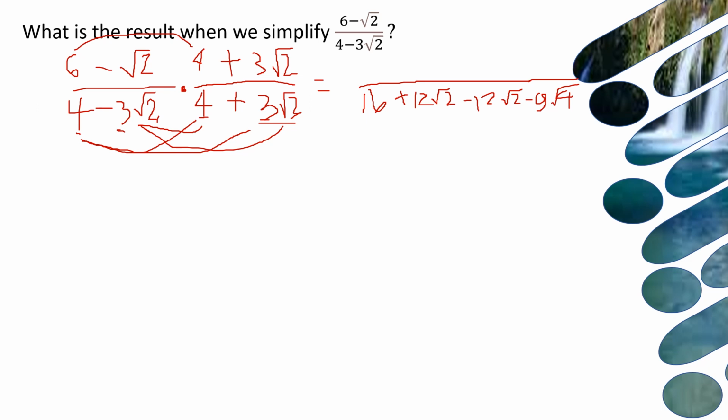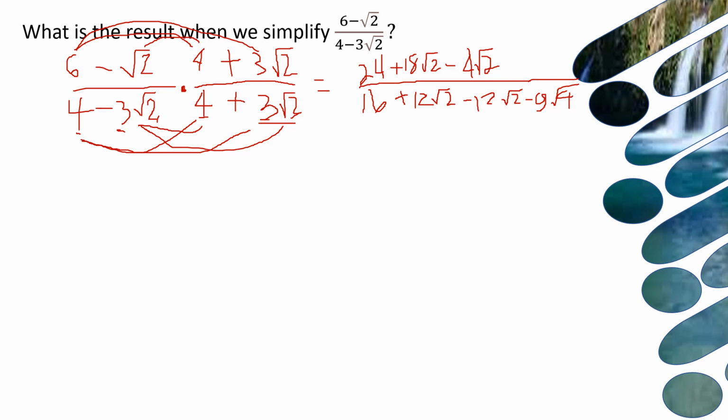So we have 6 times 4, that's 24. Then 6 times 3 square root of 2, that's 18 square root of 2. For the inner terms, we have negative square root of 2 times 4. So that is negative 4 square root of 2.